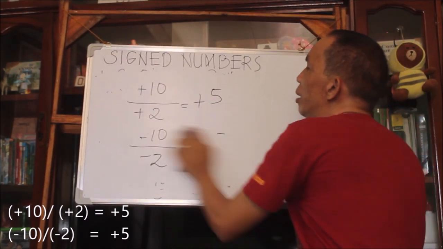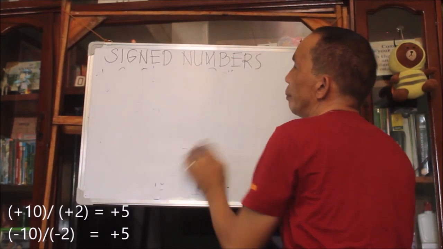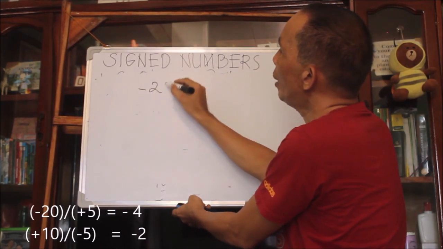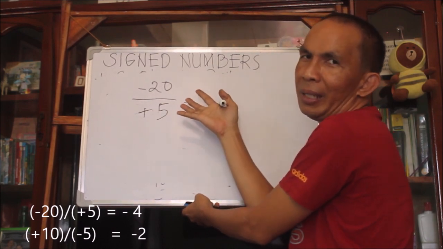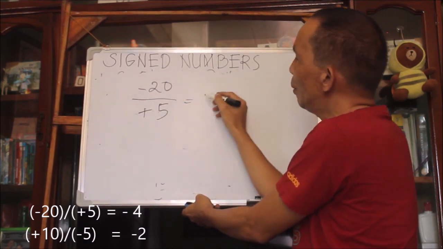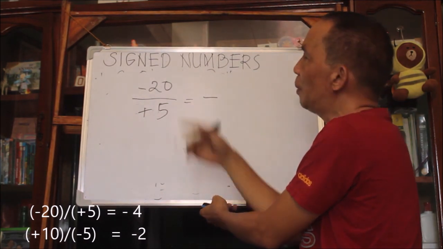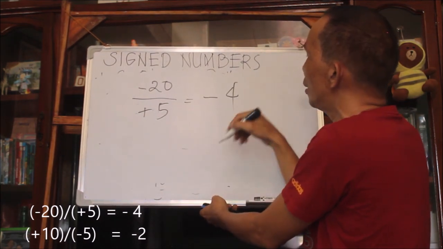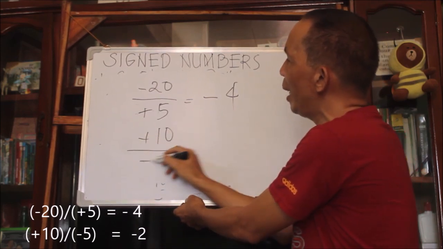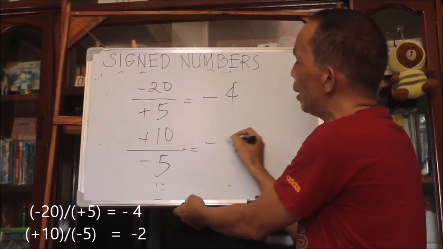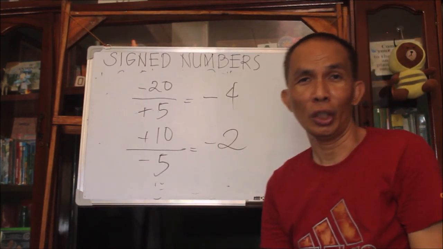Or negative 20 divided by positive 5, since the numbers to be divided are unlike, so definitely the answer is negative. 20 divided by 5, the answer is 4. Or positive 10 divided by negative 5, the answer is negative 2.